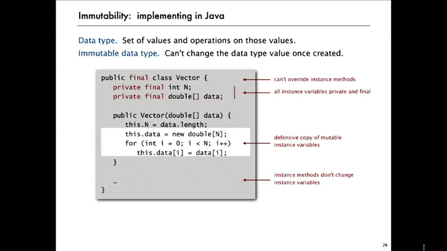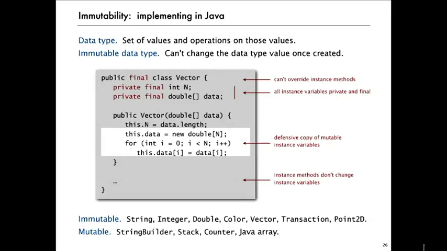A constructor for an immutable vector data type might take an array as its argument, and that array has values stored in it, say of doubles, and those can change. But an immutable implementation would copy those values into the local data array instance variable. And then those values are not going to change. The instance methods won't change them, and the client can't change them. So that value stays the same.